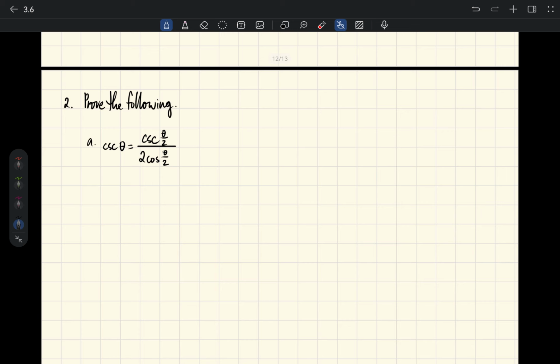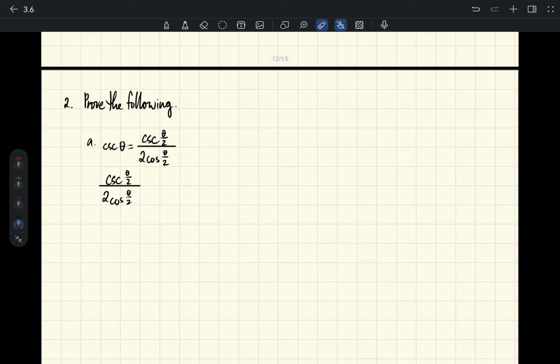How do we do this? Take note that this one right here is the more complicated side of the identity. So there's a lot for us that we can do. So take note that cosecant of theta over 2 all over 2 cosine of theta over 2.